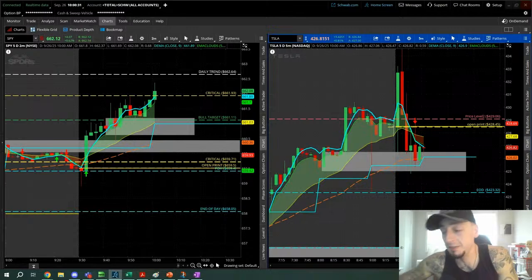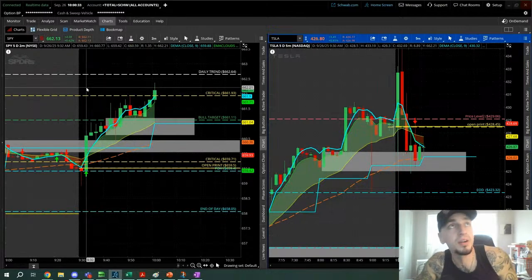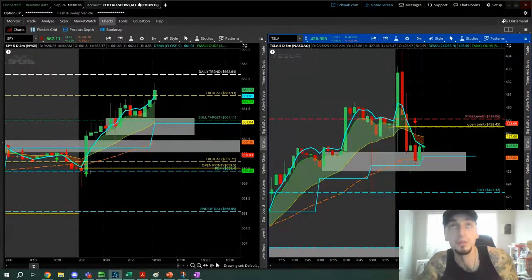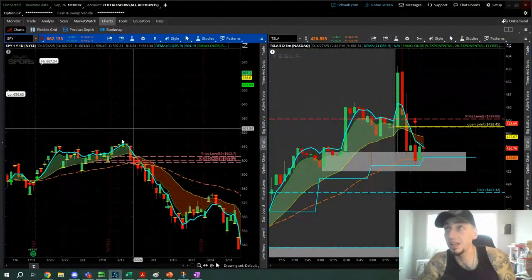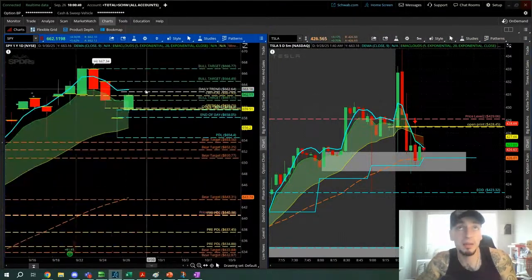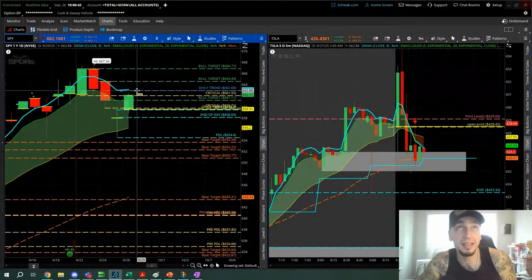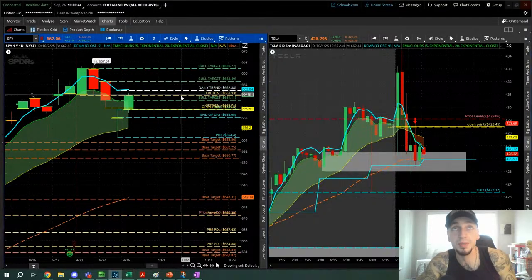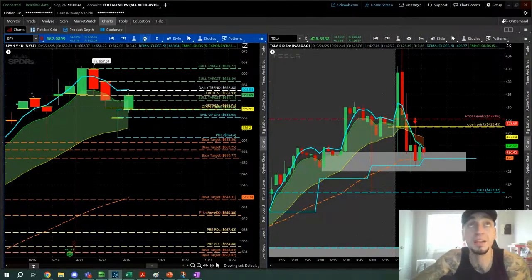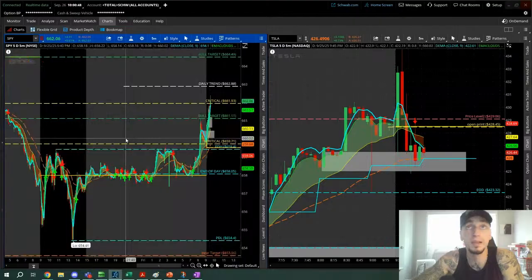Watch that white line, the daily trend right there on SPY. Watch this, guys. I'm telling you, I've seen this a lot. That is the moving average here on the daily. Let's see what happens when we come up into it. I can't believe SPY, dude. SPY is just ripping.